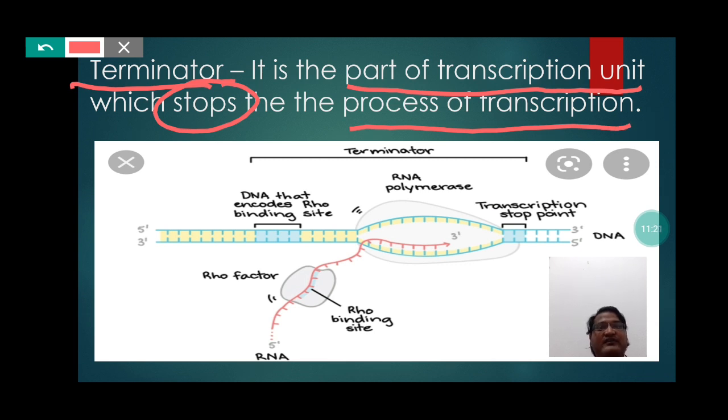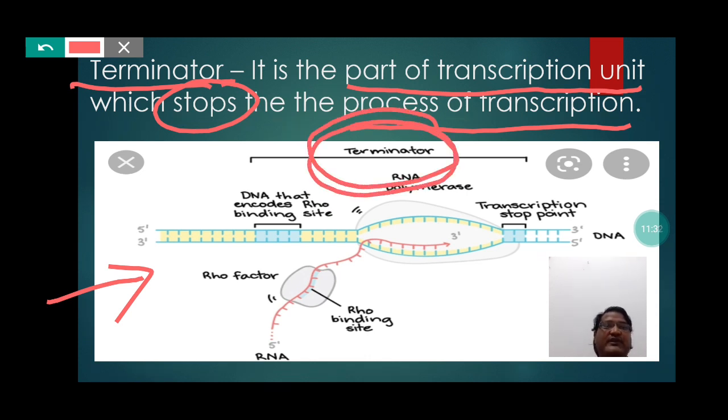Here in this picture we can easily notice the presence of terminator. Now students, terminator generally remains present on the 3-prime end, which you can see here on the strand of DNA, and the main function of which is to stop the protein synthesis.